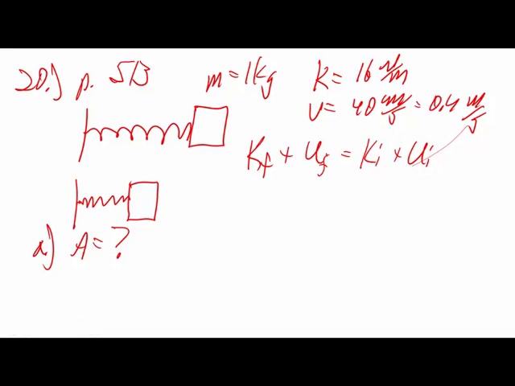All right, so let's write all this out, okay? Let's write our equations out. Everything's on the right side, okay. So that's going to be 1/2 mv squared.